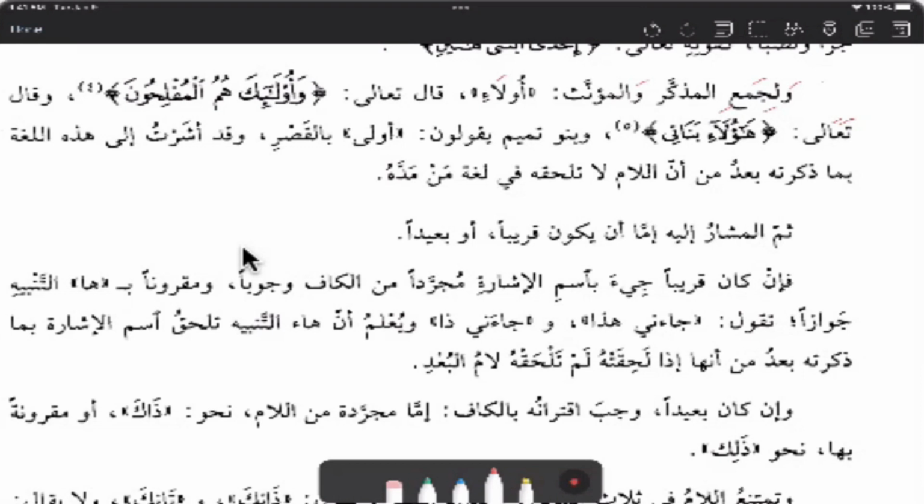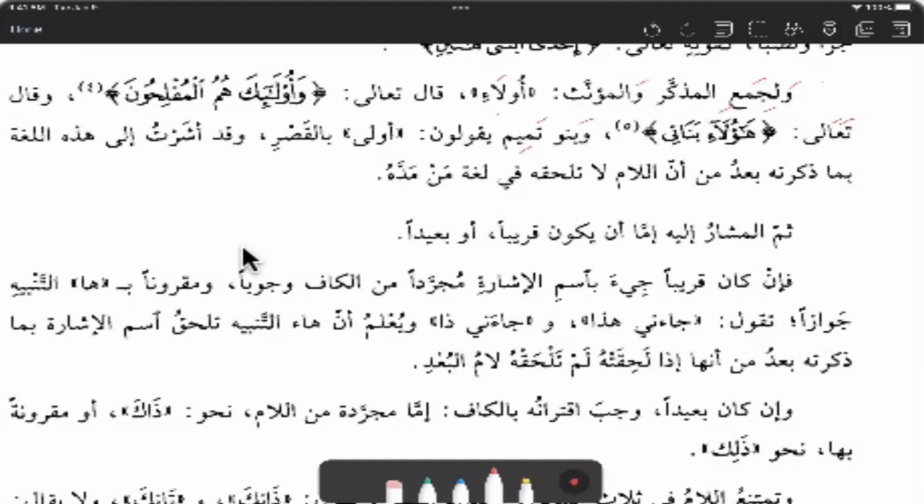So it's feminine then. That's what Lut said, alayhi salatu wassalam, when the homosexuals were attempting to break into his house to assault his guests. And he said to them, Ha'ula'i banati, these are my daughters, meaning, why don't you marry women? Here are women for you to marry.